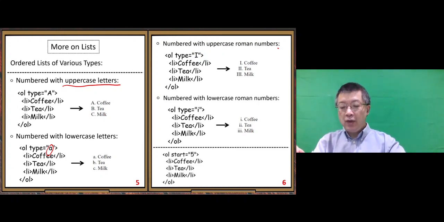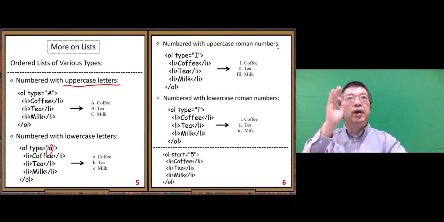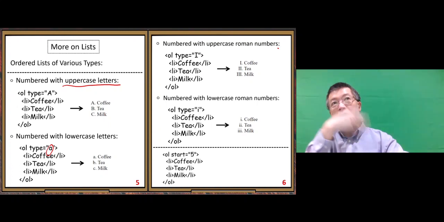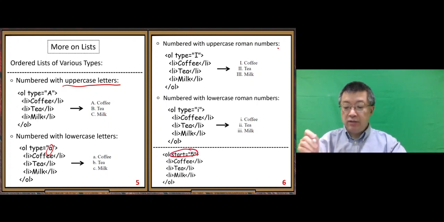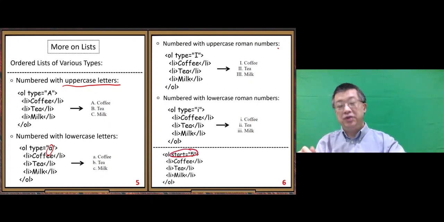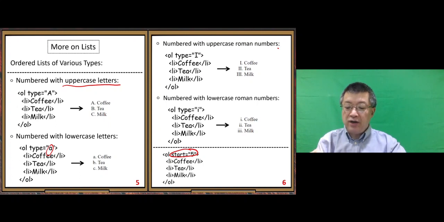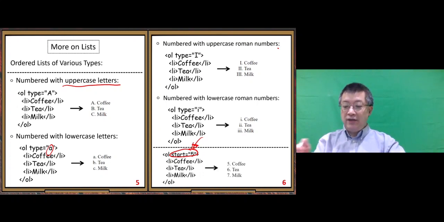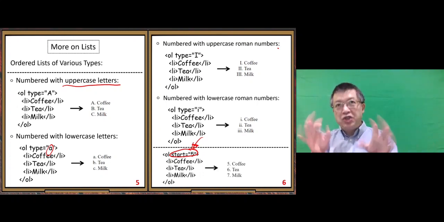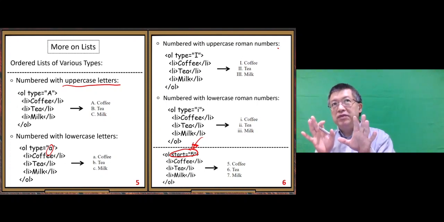The last one, there is another situation we may need. When we use an ordered list, by default, we start from 1, 2, 3, right? But sometimes you may not like to start from 1. So you can specify to start from a particular number. Start from 5, then you would start from 5. You can imagine you may need it.